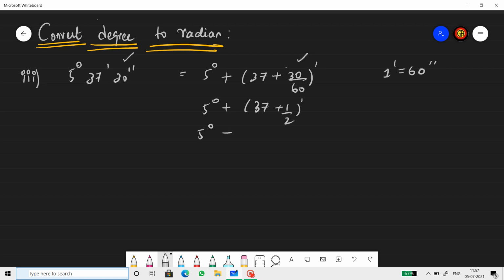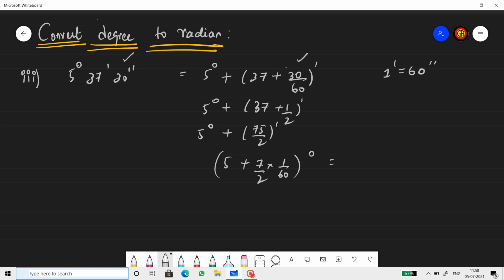5 degree plus 75 by 2 minutes. Now I need to convert the minutes to degree. 5 degree, or I would take it like 5 plus 75 by 2 into 1 by 60 degree.